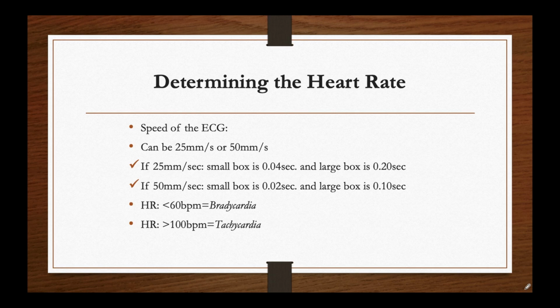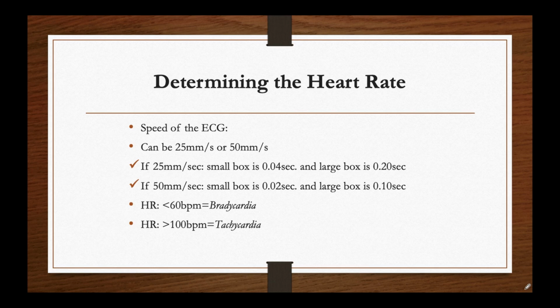In some areas, we have 25 millimeters per second being used as the standard speed with which the ECG paper runs. But in some areas, we have 50 millimeters per second. If the speed is 25 millimeters per second, then a small box gives us 0.04 second and a large box gives us 0.20 seconds.